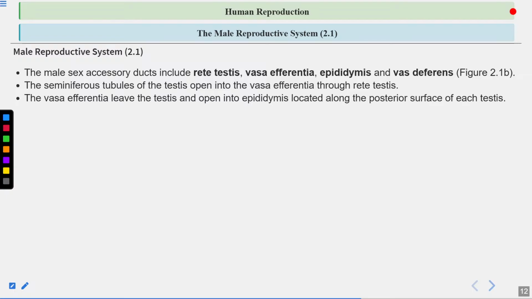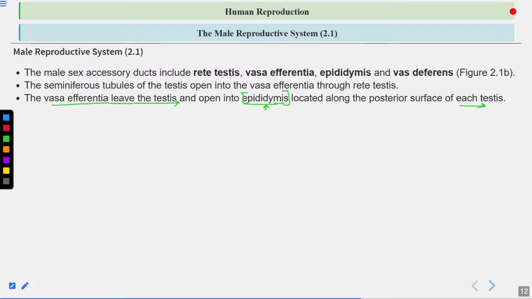Now the vasa efferentia leave the testes. This is very important. Vasa efferentia will then leave the testes and open into epididymis, which is located along the posterior surface of each testis. In epididymis, there is storage and maturation of the sperm. So you should remember the function of epididymis.